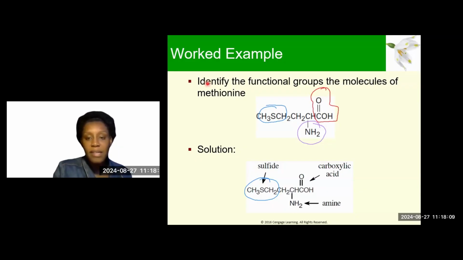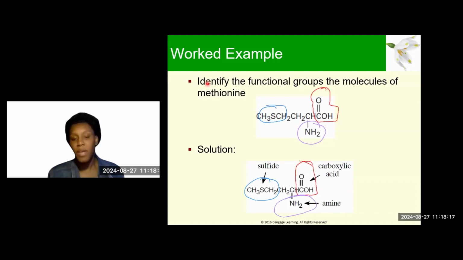Your carboxylic acid here. And then your amine, it's going to be right there. Okay. And so this is how you identify your functional groups. You would just look at where everything is and then try to identify what those are. Okay, but even if you don't know the names of them, if at least you can recognize them as functional groups, you're halfway there.